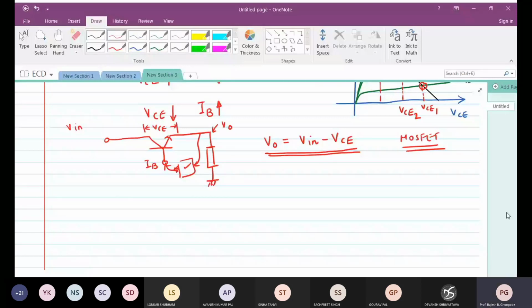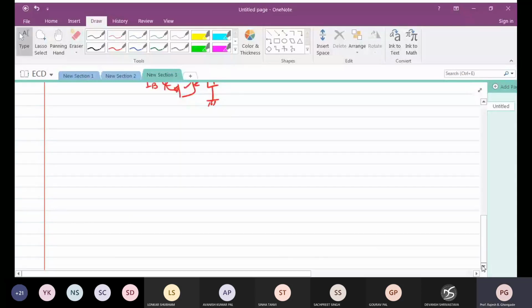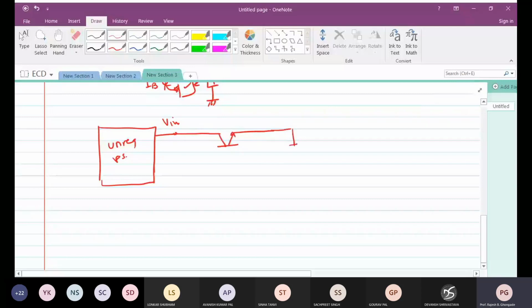Now the way in which you are supposed to use it is something like this. So this is your unregulated power supply. Output is Ein. We have a series pass element. This is called a series pass element.